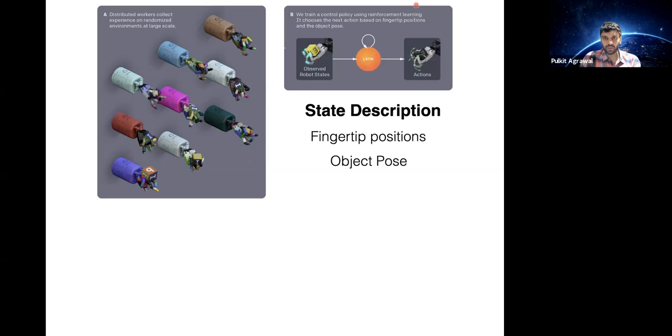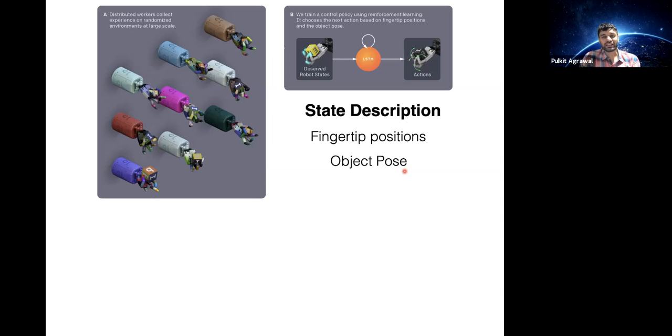And the way we trained the policy was, the input state was the fingertip positions and the object pose. And what they used was pretty much PPO with a recurrent network, in specific LSTM, to output actions, which is the motion of the fingers, right? So this is what was used to train the system.